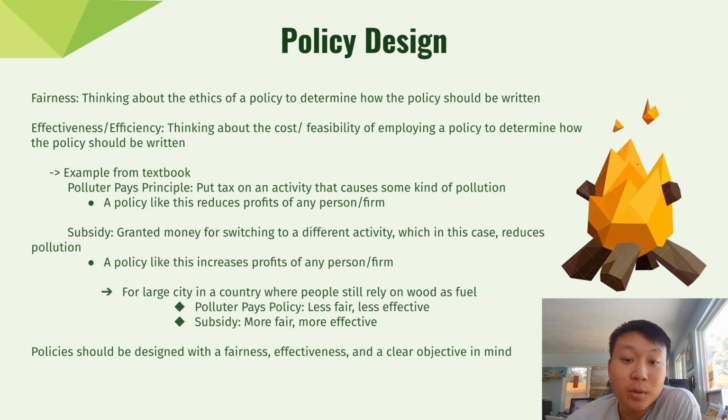A policy like this would reduce the profits of a person or a firm because you're taxing them, making them pay. A subsidy is where you grant money for switching to a different activity that reduces pollution. And so this would increase the profits of a person or a firm because you're giving them money for doing something. And so to decide what kind of policy we should employ, we need to look at the situation.